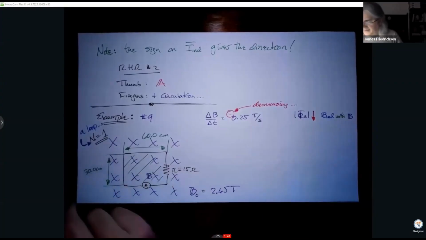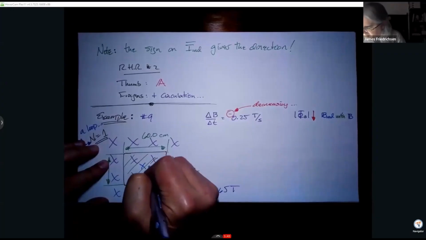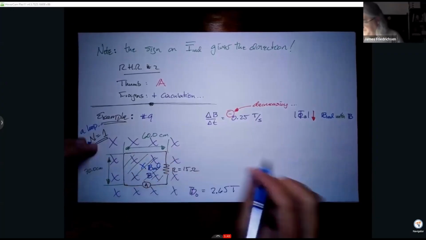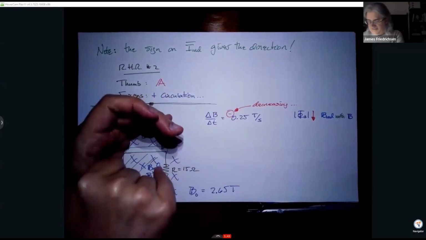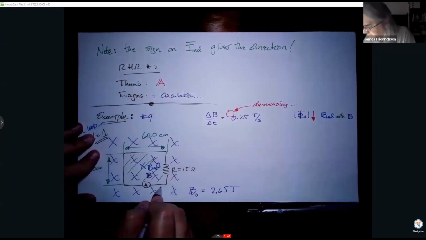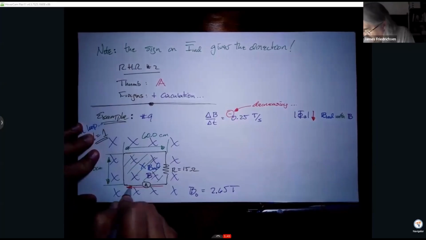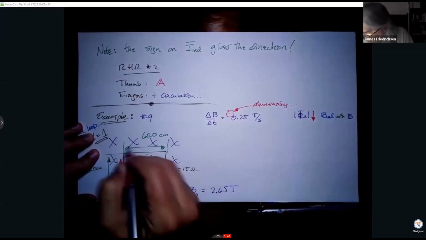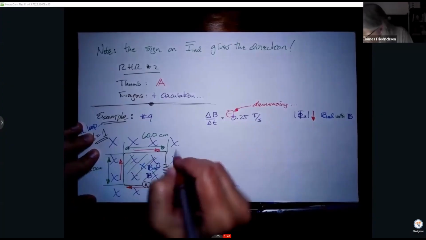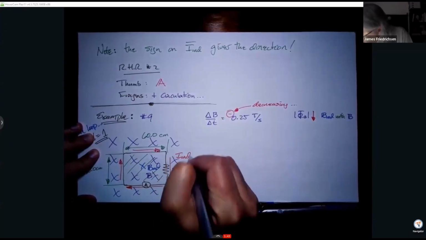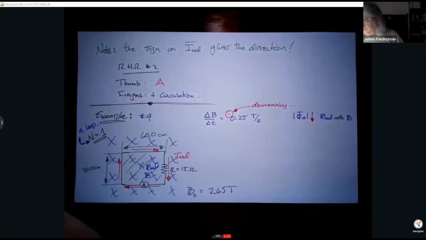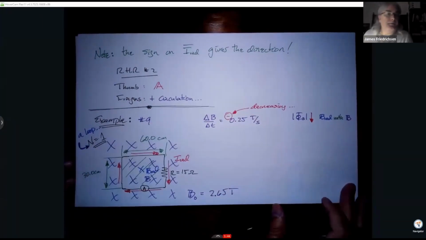So the B induced also goes into the page. Right hand rule: fingers are the B, thumb is the I. That's the way I like to do it. So the induced current goes clockwise.